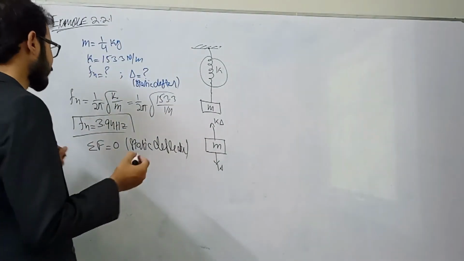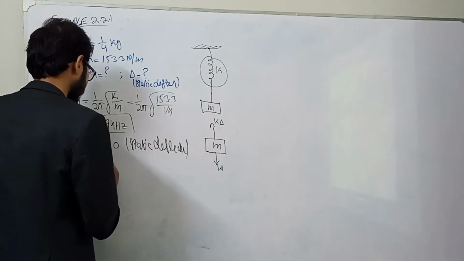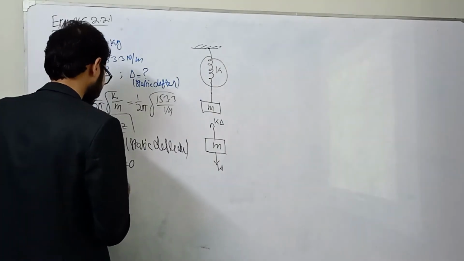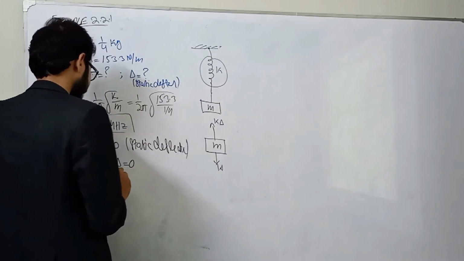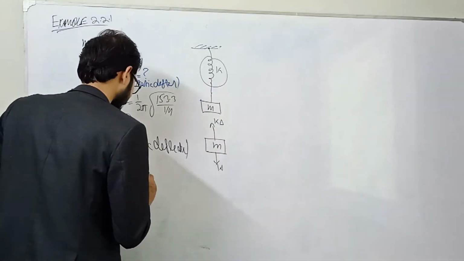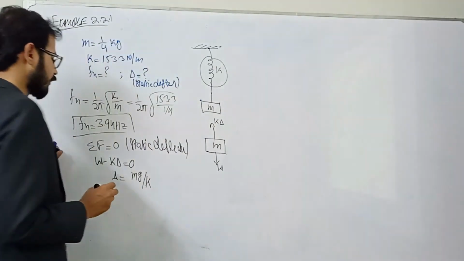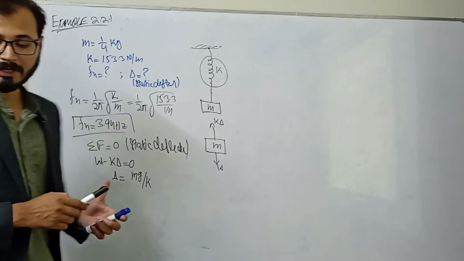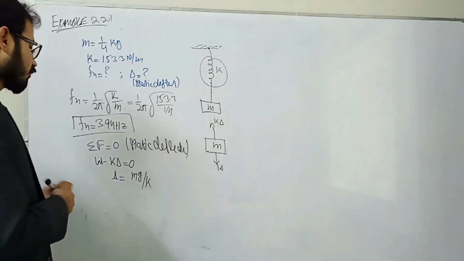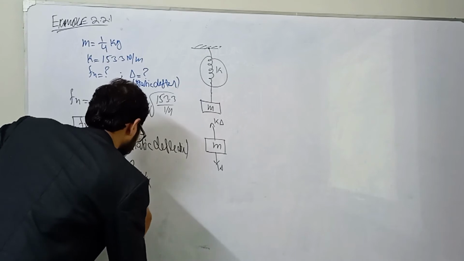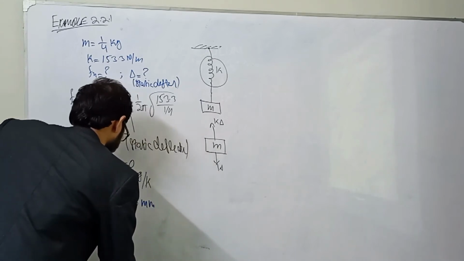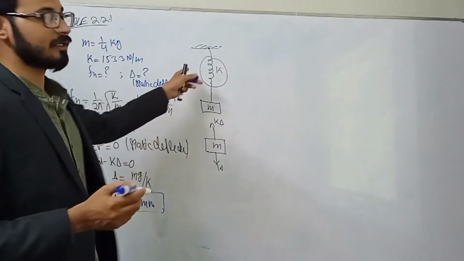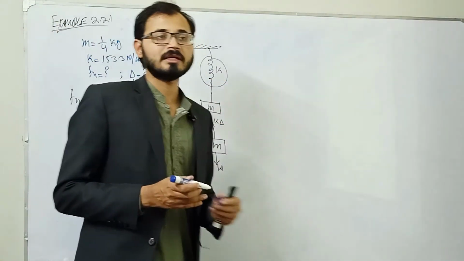So W minus K delta is equal to 0, or delta is equal to mg divided by K. We know the values of mass, g and K, and at the end we have the static deflection as 16 millimeter. So the deflection within this elastic element because of the weight of this mass is 16 millimeter.